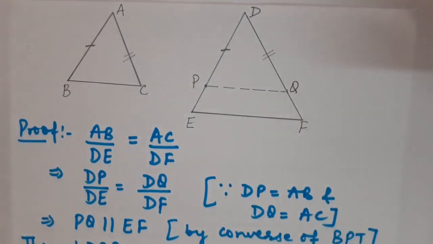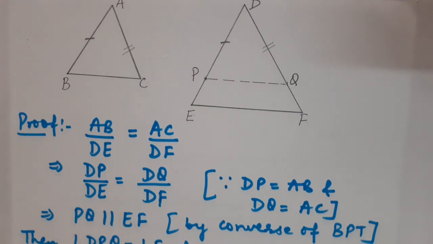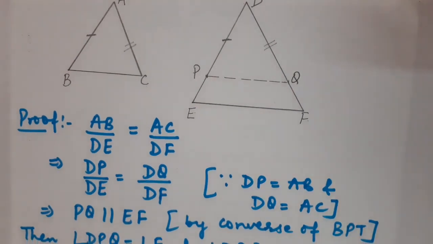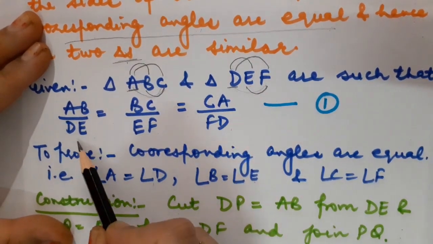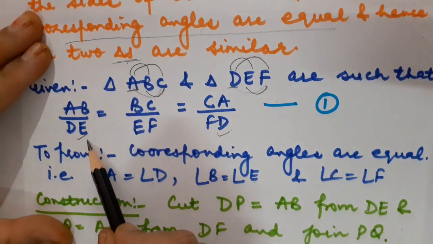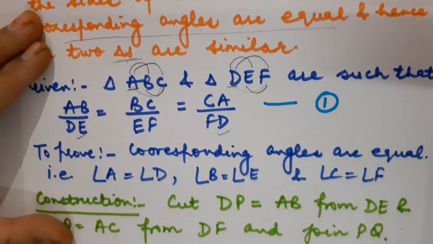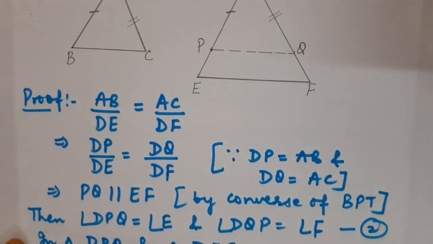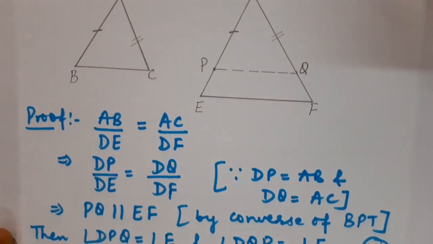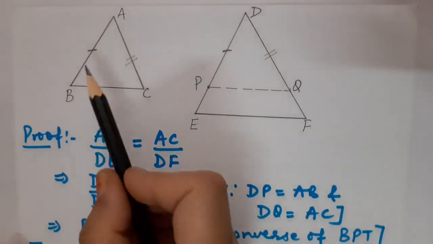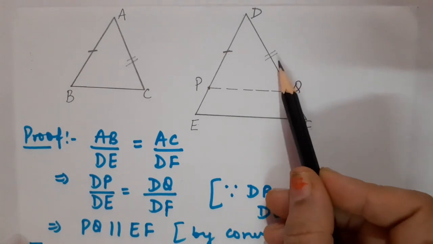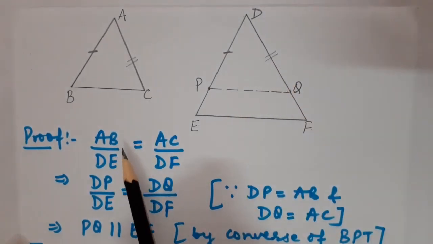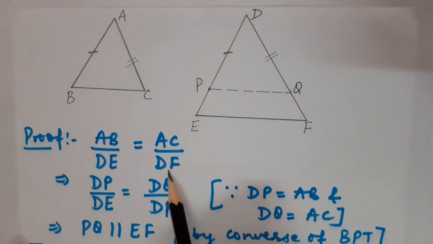I am going to use two out of these three equalities: AB upon DE is equal to CA upon FD. You may be thinking, why is ma'am using these very expressions only? There is a reason, beta. Because in construction, I have shown that AB and DP are equal, and AC is equal to DQ. So what I have taken is AB upon DE is equal to AC upon DF.